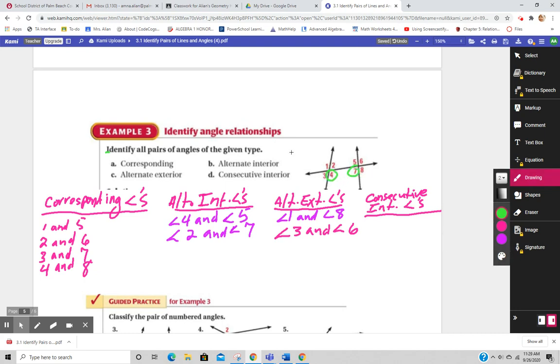They are inside, on the same side of the transversal. Angle 4 and angle 7. And then you have another set on the other side, 2 and 5. So you have to be able to name them and identify them.